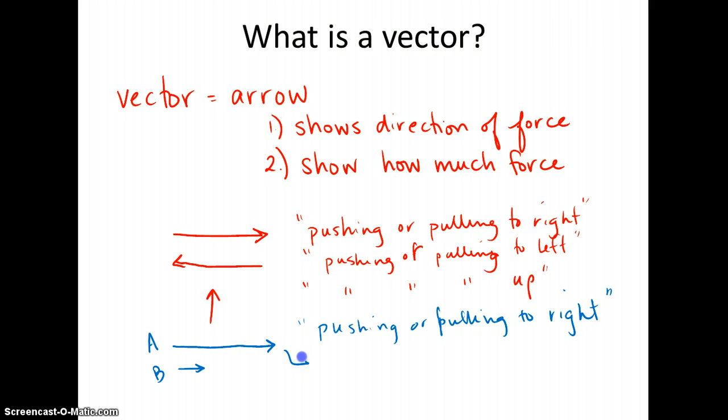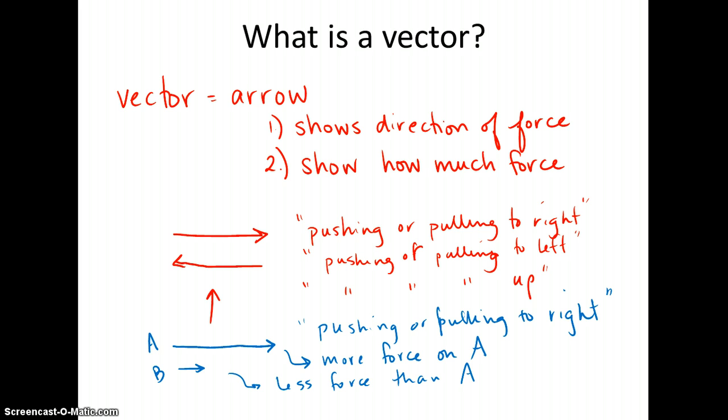The longer the arrow, it shows the more force. So there is more force of push or pull on A, and that's why we have a longer line. This one, B, has less force than A, and that's why I draw a shorter line.